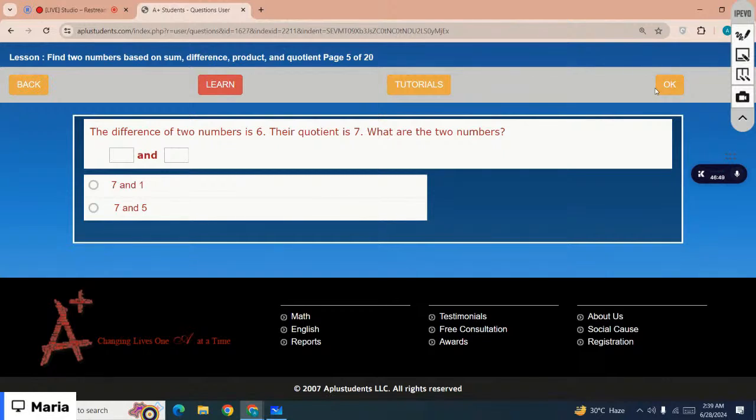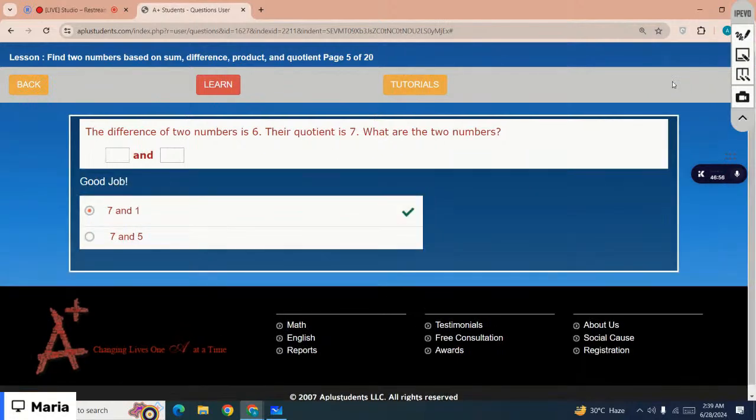The correct option is option number 1, right? 7 minus 1 is 6. And when you divide, the quotient is 7.